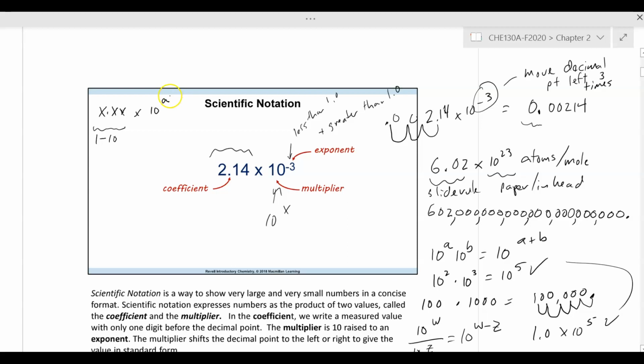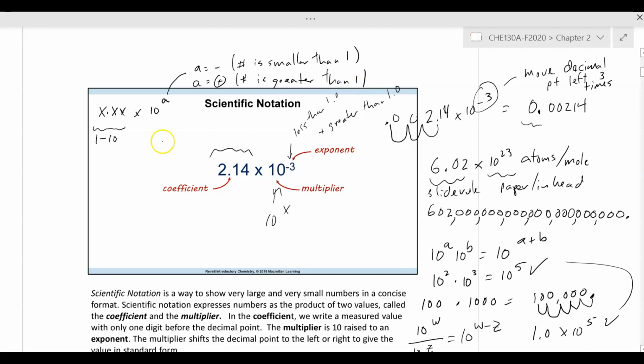If that exponent, a, is negative, then that means that the number is smaller than 1 when you write it out in decimal form. If a is positive, that means that typically the number is greater than 1. And that tells you which way the decimal moves.